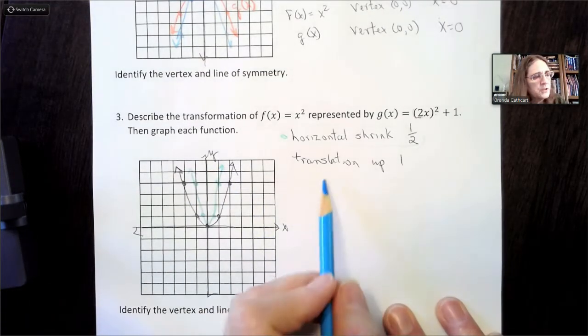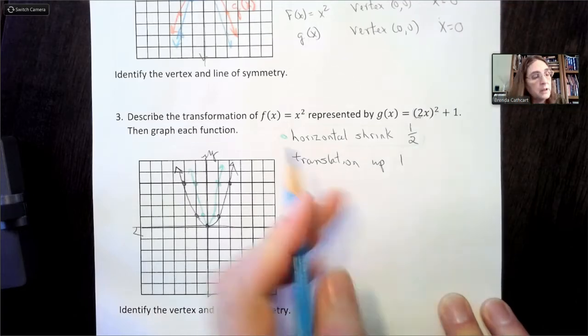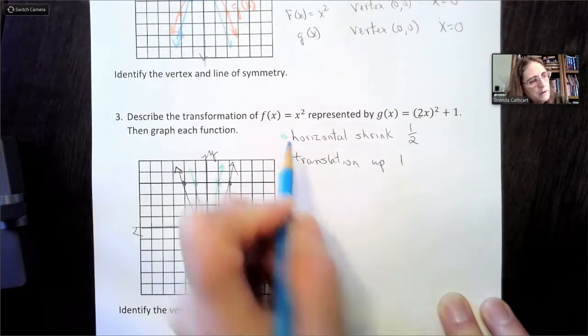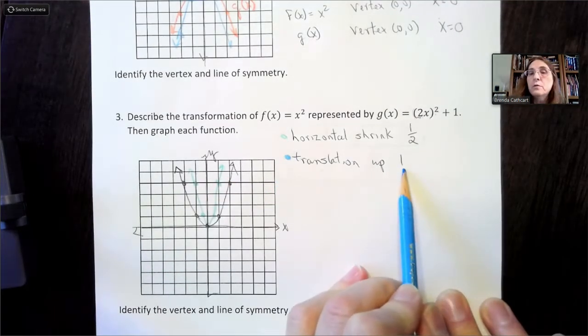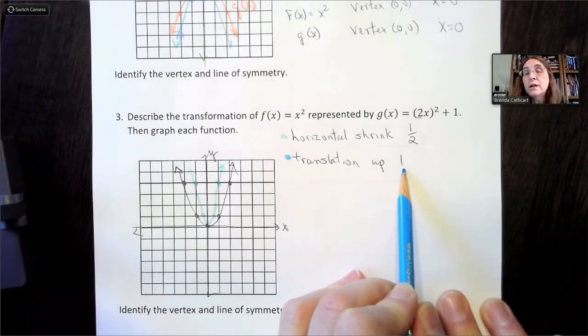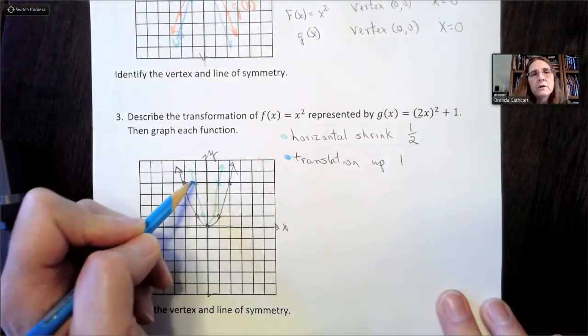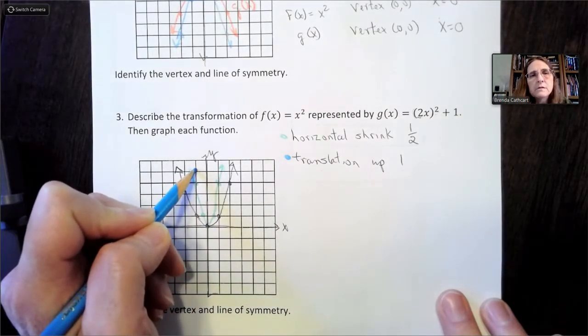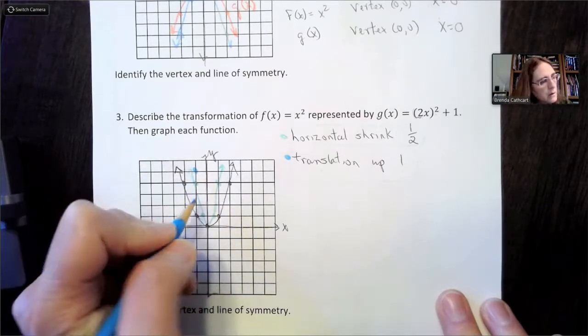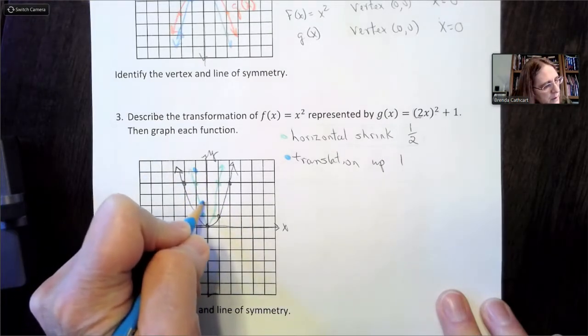Now, our second step is to do a translation up 1. So I'm going to take all of the y coordinates, because this is a vertical translation, and move them up 1. So our y coordinate moves up 1. And our y coordinate up 1.